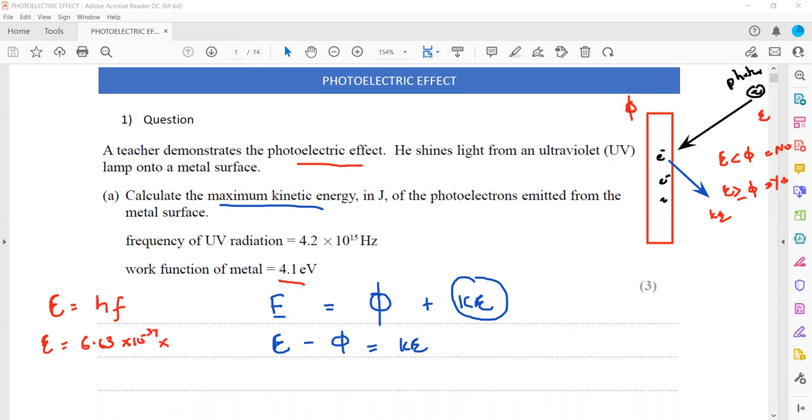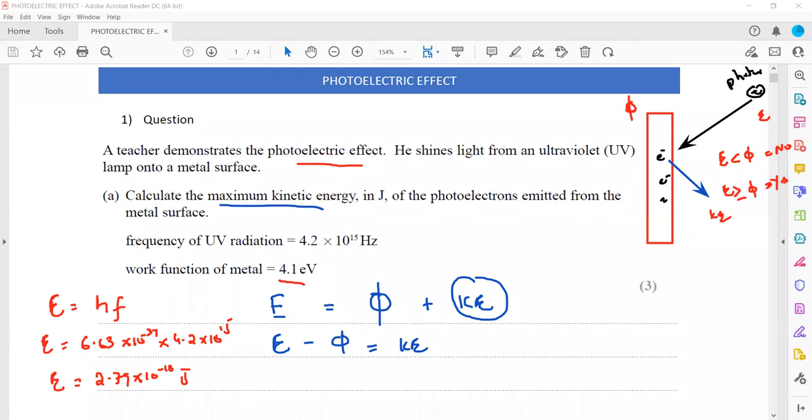And the frequency of the incident light is given in the question, that is 4.2 × 10^15. When we multiply these two factors, we get the energy in joules, that is 2.79 × 10^-18 joules. This is the energy of the incident photon.